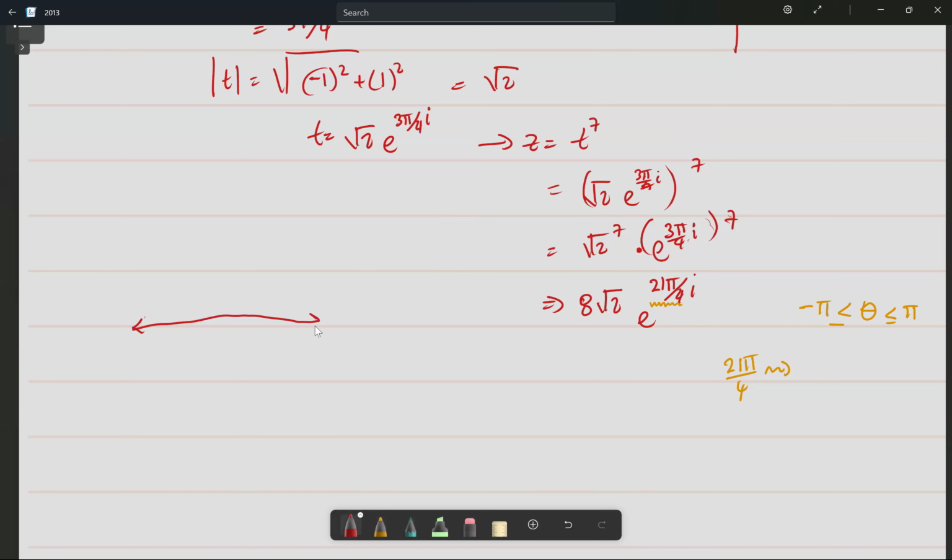The first step is to find out how many times 21 pi over 4 goes around the circle. So 21 pi over 4 divided by 2 pi.